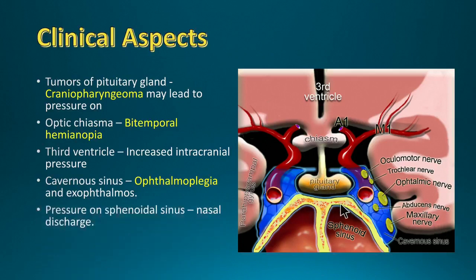Sometimes, through a thin bar of bone, any pressure on the sphenoidal sinus might also lead to nasal discharge. And in the beginning itself I told you about headache due to the stretching of the dura mater.